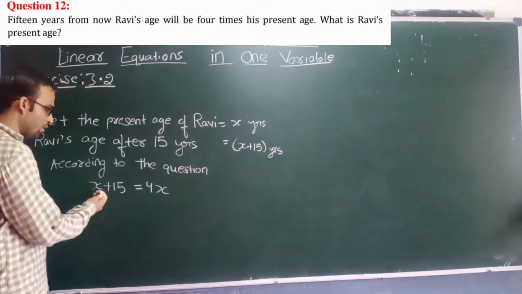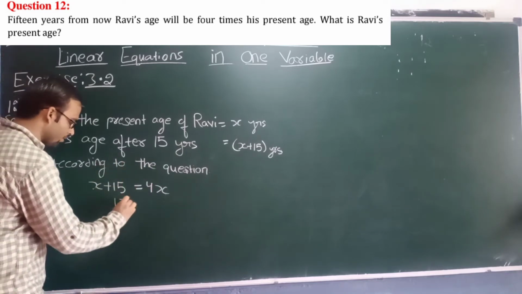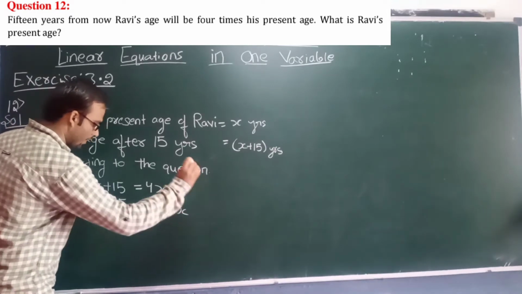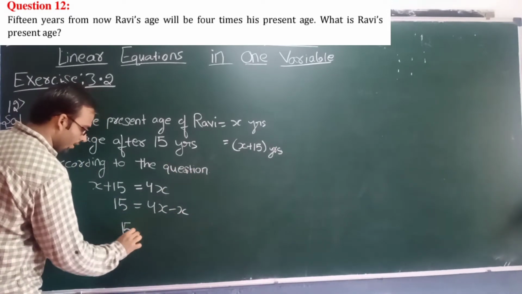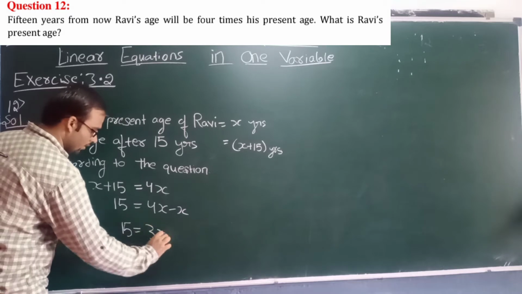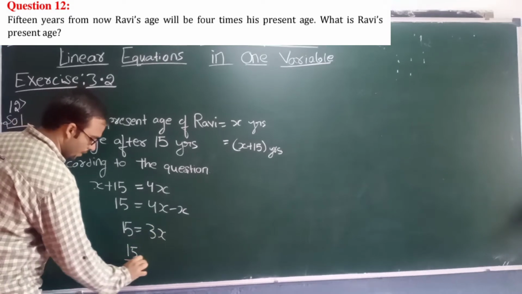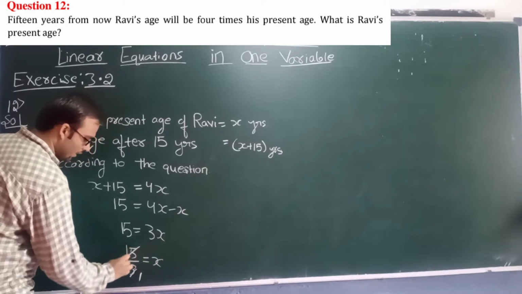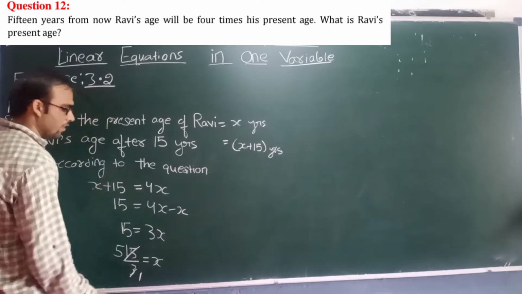Now you transpose this plus x there. 15 is equal to 4x minus x. 15 is equal to 3x. 15 by 3 is equal to x. So 3 ones are 3, 3 5s are 15.